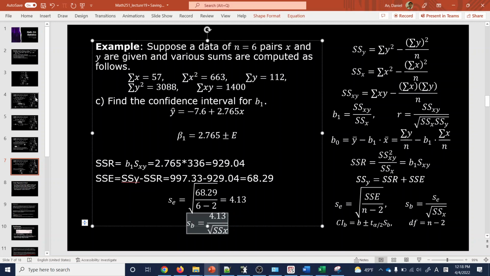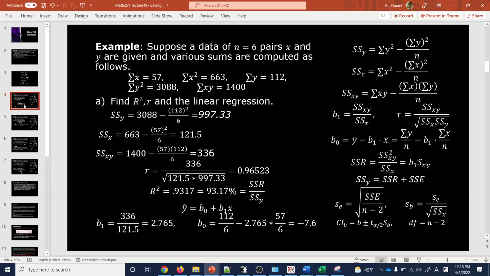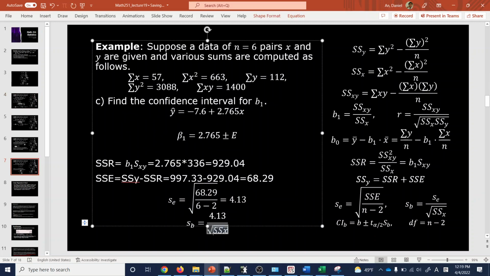But what is SSx? We also have that value previously, right? That's 121.5. So I put that in here.